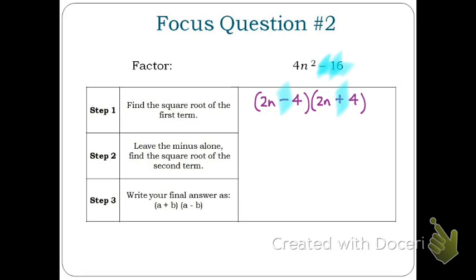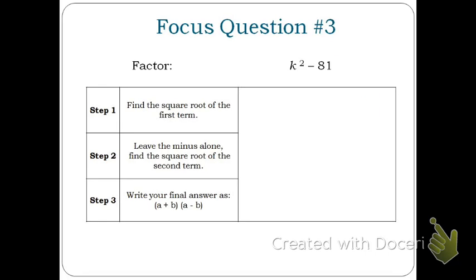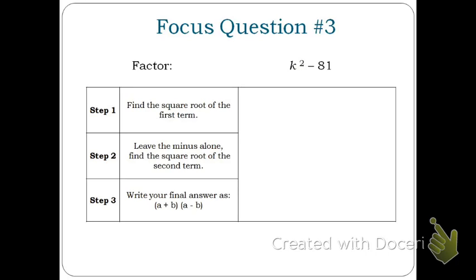Okay, so back to what we were saying. We have our answer, 2n minus 4 times 2n plus 4. Alright, so, let's see, 2 more.